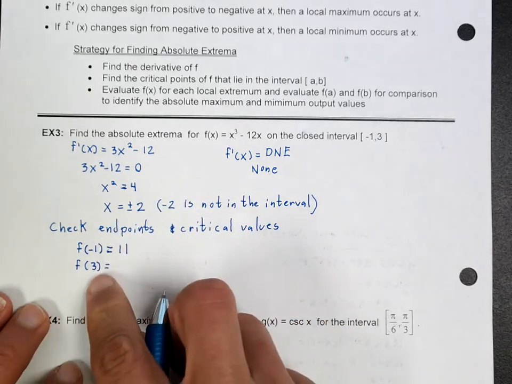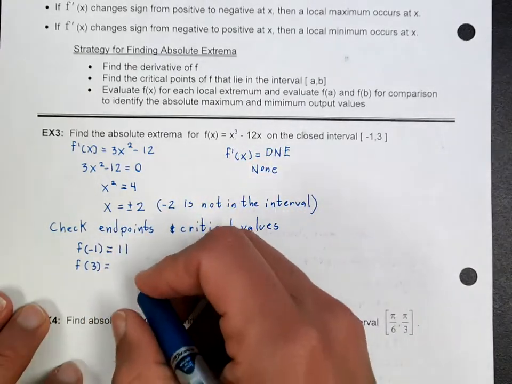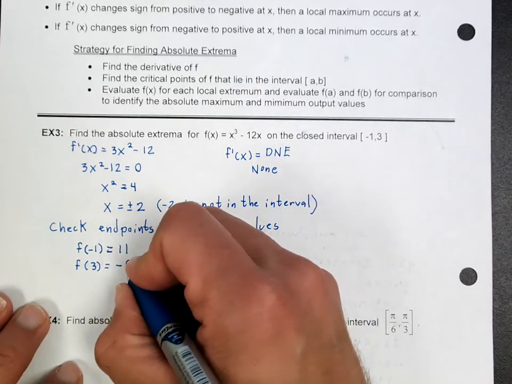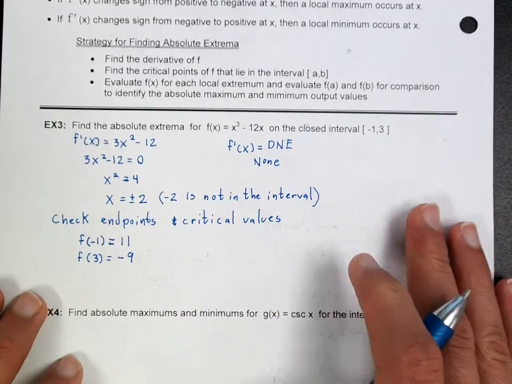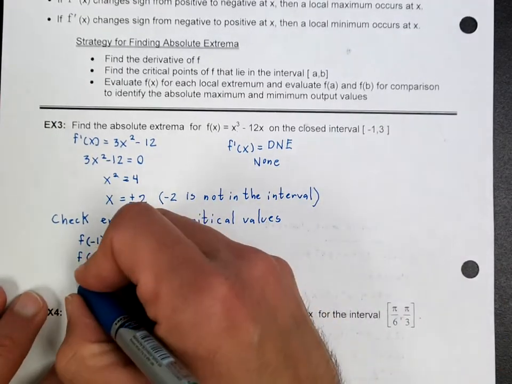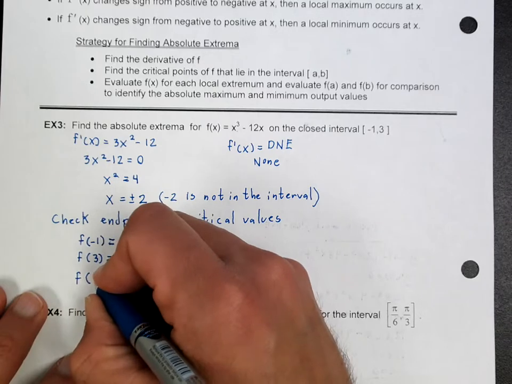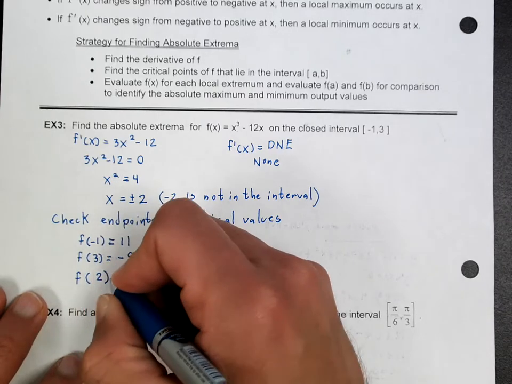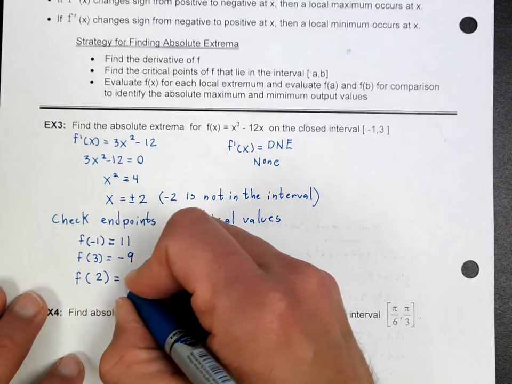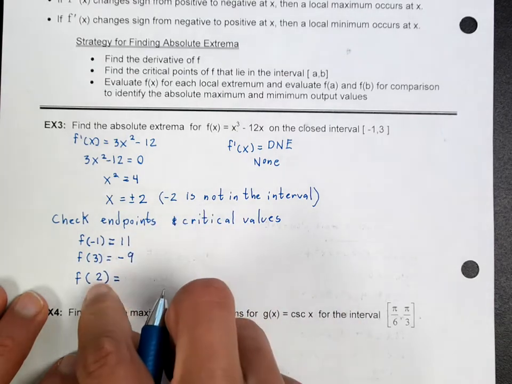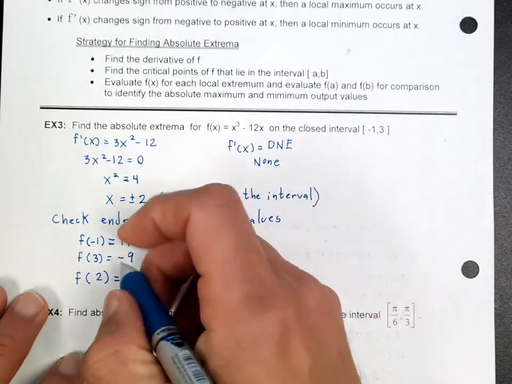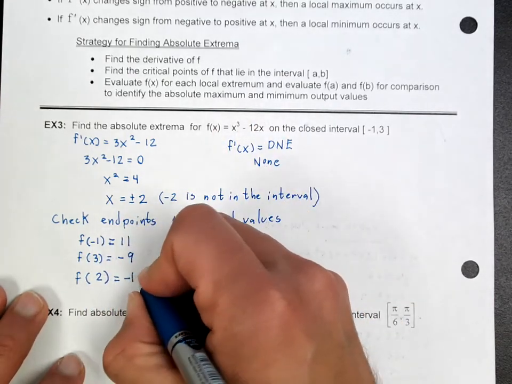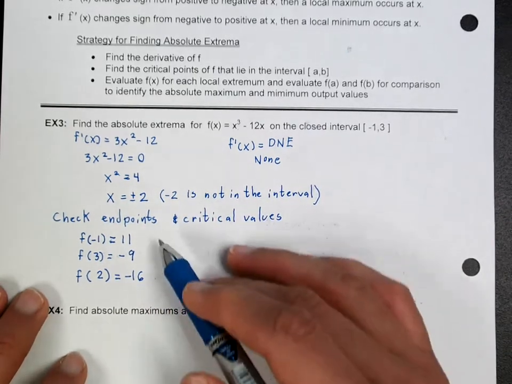Now when I plug that 3 back into the original, this is going to give me a negative 9. And then finally I have to plug in my critical value, which in this case, if I plug it in here, is going to give me a negative 16.